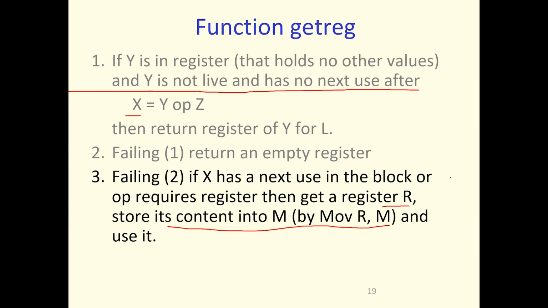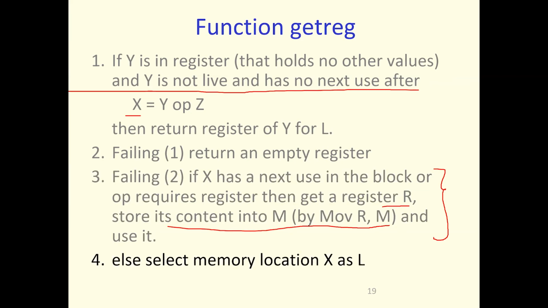So this is something which will introduce an extra instruction, and this instruction is quite costly because it's actually a move to memory, not to another register. That is why it is important to have sufficient empty registers available. That is why we want to clear Y and Z when they are not in use after the instruction.